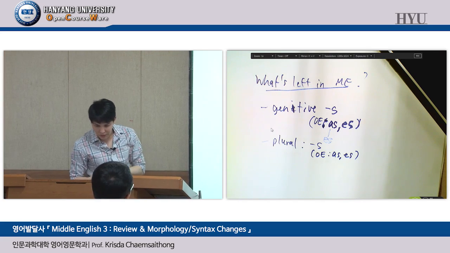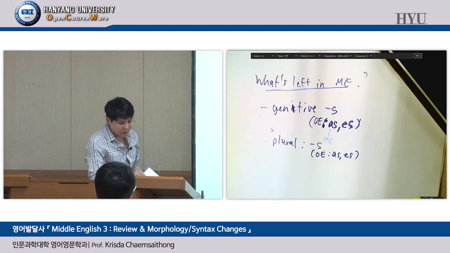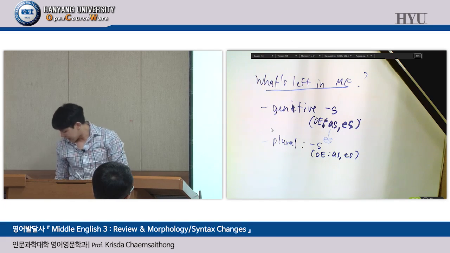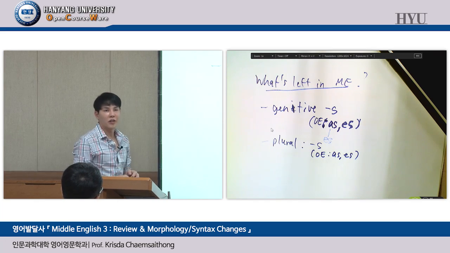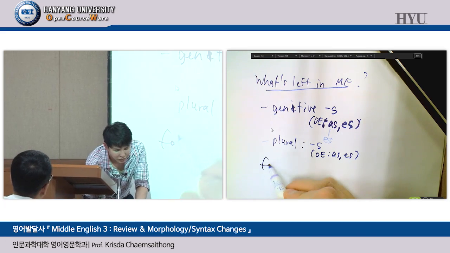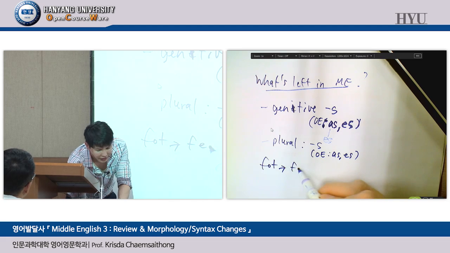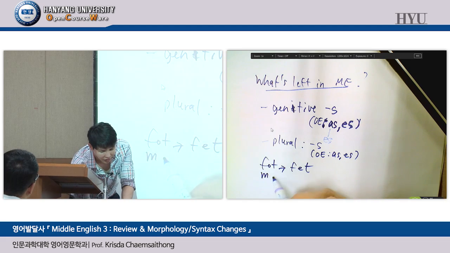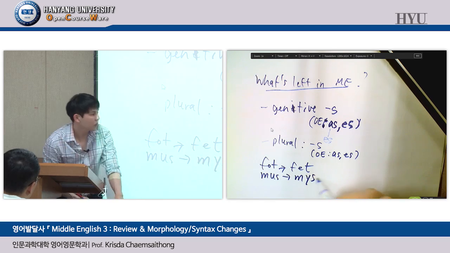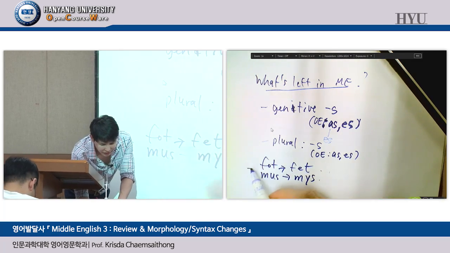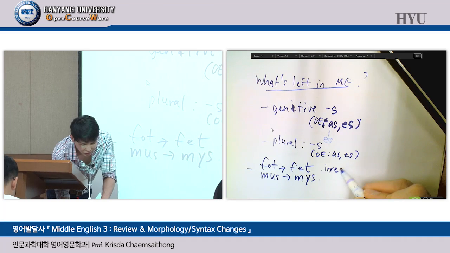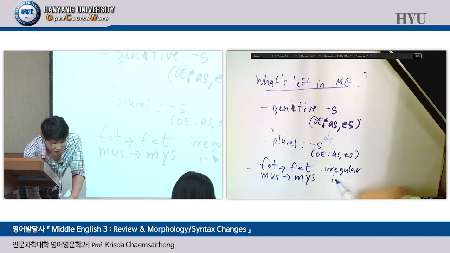And you remember the process called E-umlaut or I-mutation, right? So foot to feet, and mouse to mice. You remember that? So that one also remains, the irregular E-umlaut.